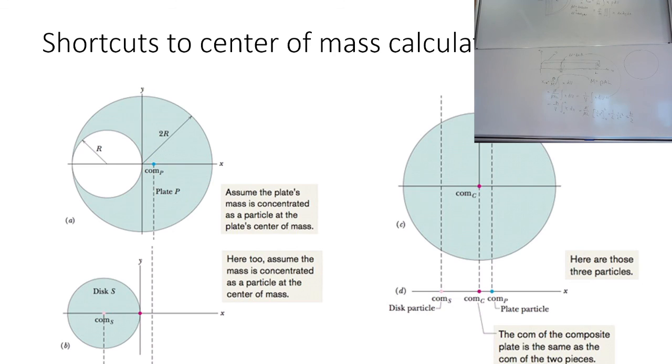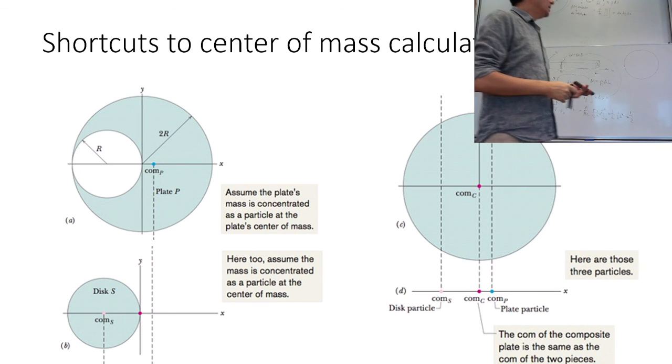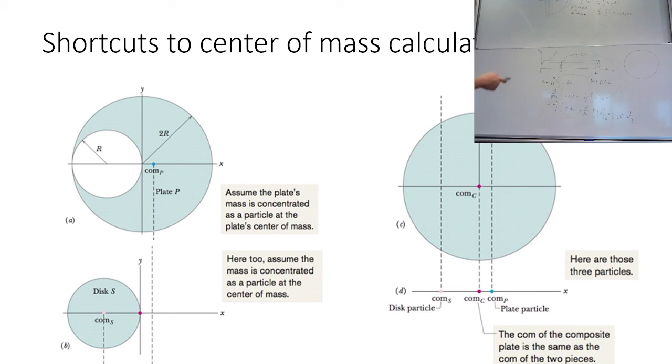Okay. So what you can try is doing something like this. Something like this is a bit of a complicated shape. So to work out the center of mass, we need something a little bit more symmetrical, right? So what symmetries do we know?